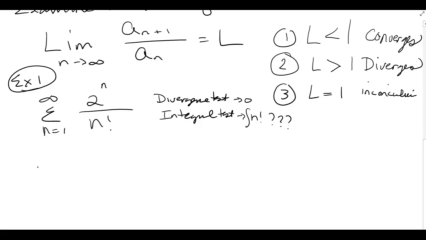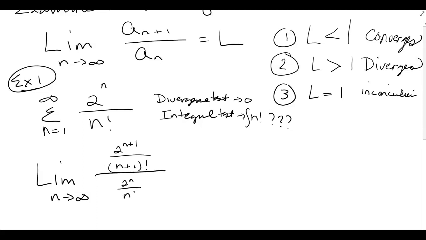All right, so I need the limit as n goes to infinity. Now the numerator has to be a sub n plus 1. So that means I'm just going to go to my series and replace my n's with n plus 1. So that's 2 to the n plus 1 over n plus 1 factorial. And I'm going to divide that by a sub n, which is 2 to the n over n factorial.